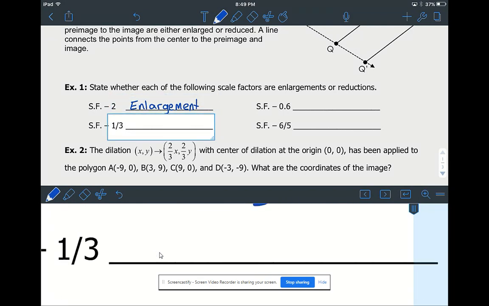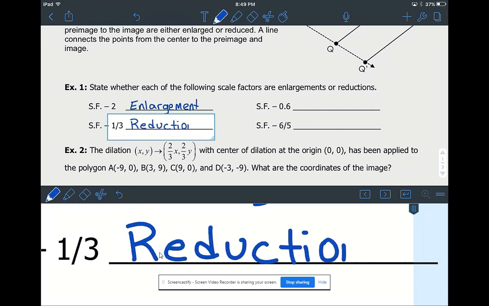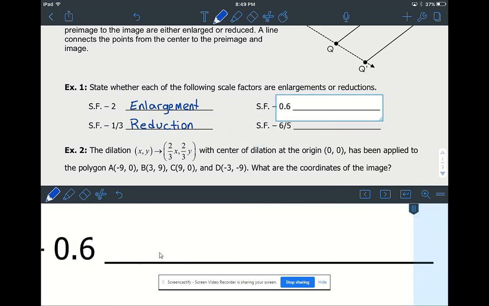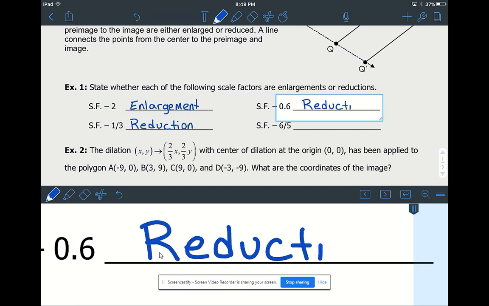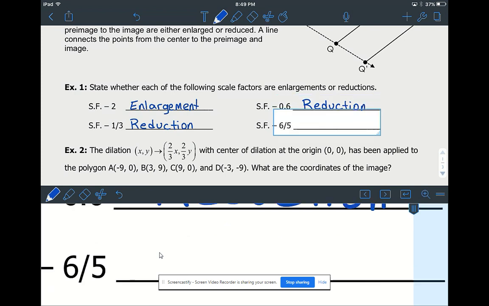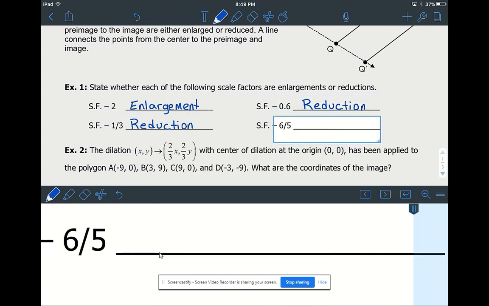Scale factor of 1/3, that would be a reduction. Scale factor of 0.6 is less than 1, so that would be a reduction. And then a scale factor of 6/5.